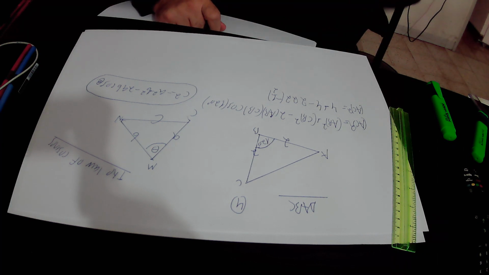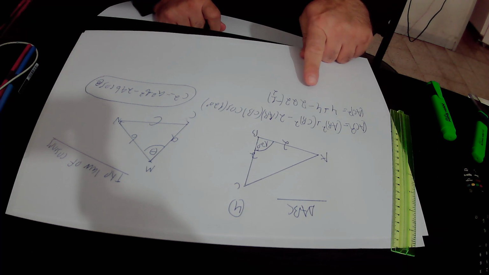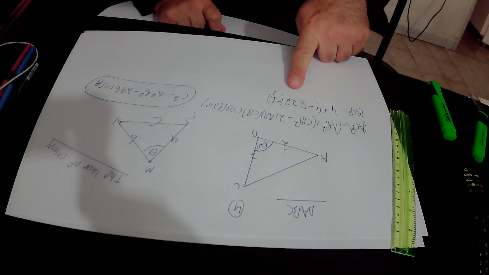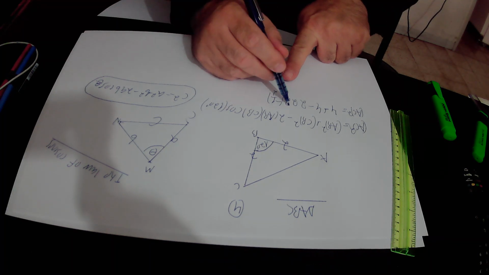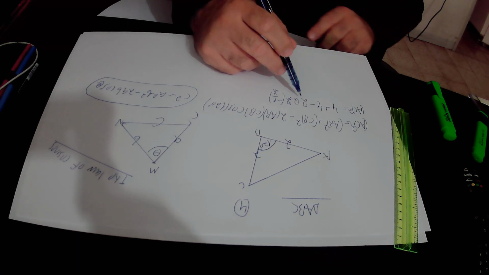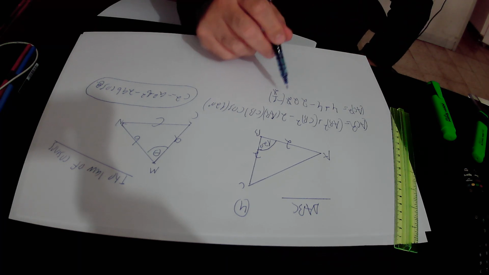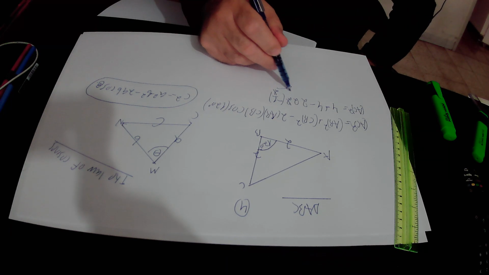Minus times minus is plus, so this expression in total will be a positive number. 2 over 2 is 1, and 2 times 2 is 4. So in total this expression equals 4.